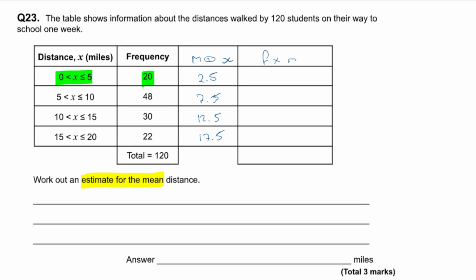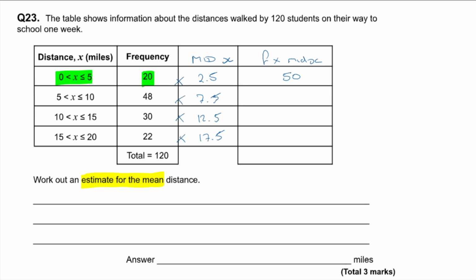And then we're going to do frequency times mid-x. So 20 students walked, we're estimating 2.5 miles each. If we multiply those, 20 times 2.5, that means we're estimating that those 20 students walked 50 miles between them. We're going to keep doing that down the table, just multiplying these together all the way down.